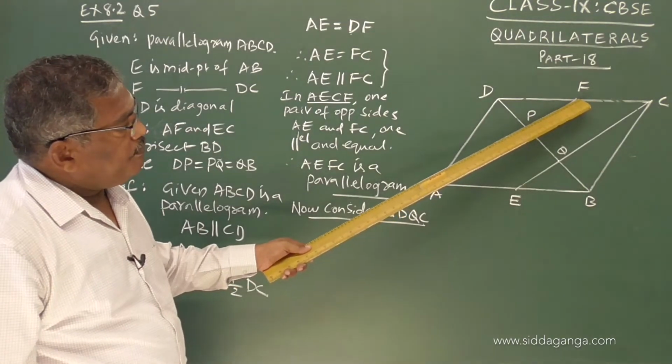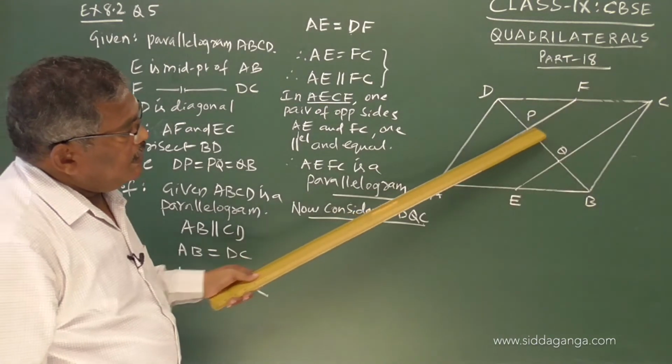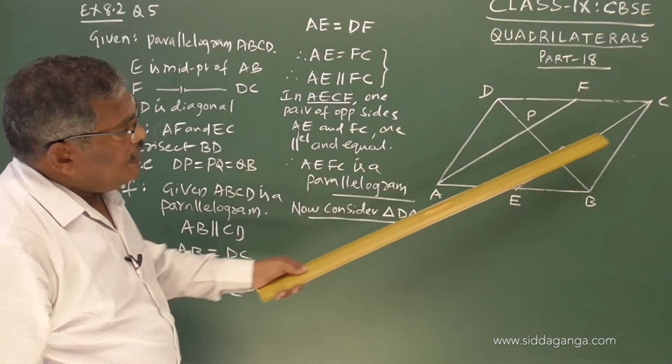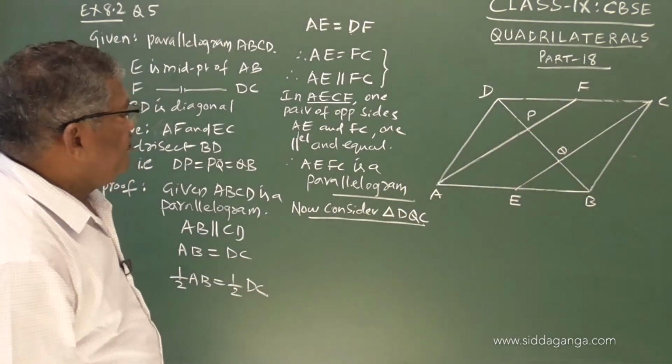Through F, a line is drawn, and this line is parallel to CE because AECF is a parallelogram.